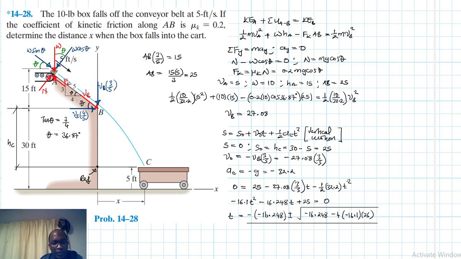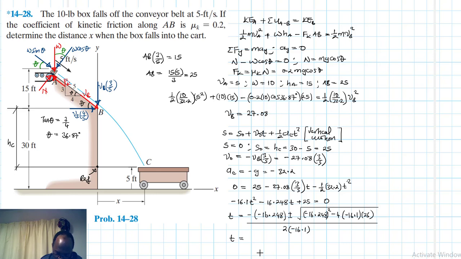Okay, so this is 2a, which is just a minus 16.1. Therefore, t is just going to be equal to minus 16.248, which is squared. This one here is squared.